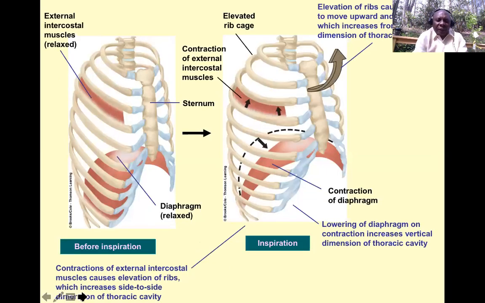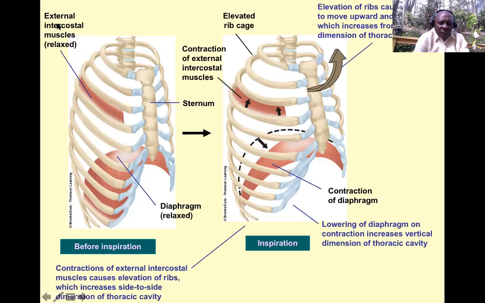Let's now look at the actual thoracic cavity and see where these muscles are located. This is before inspiration, and this is during inspiration. You have the diaphragm here in a relaxed state. Then you have the inspiratory muscles, whose specific name is external intercostal muscles.